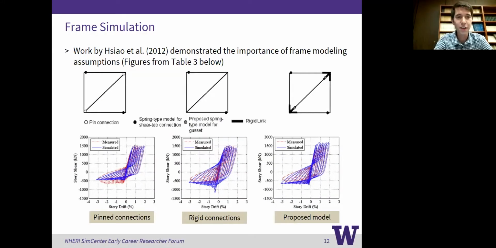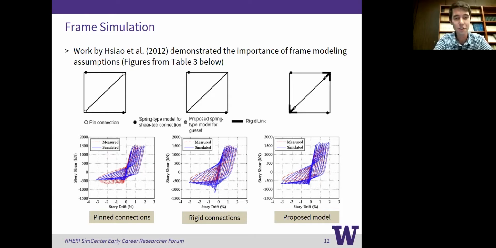So as far as the frame and the gusset plates go, there's work that was done by Pochen Xiao in 2012, that demonstrated the importance of different frame modeling assumptions on the global behavior of the brace frame.